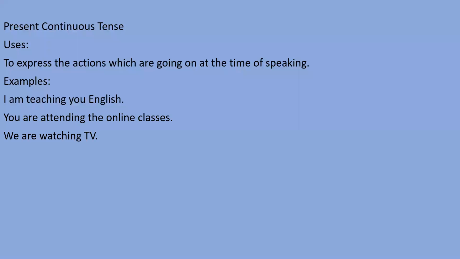So dear students, in this we have to understand, जो काम अभी बोलते समय चल रहा है, उन बातों के लिए हम present continuous tense use कर सकते हैं, right? So like you can see that I am teaching you, so the work of teaching is going on, so I can say I am teaching you English. You are attending the online classes, the work is going on, so you can use present continuous tense for this action. Clear?